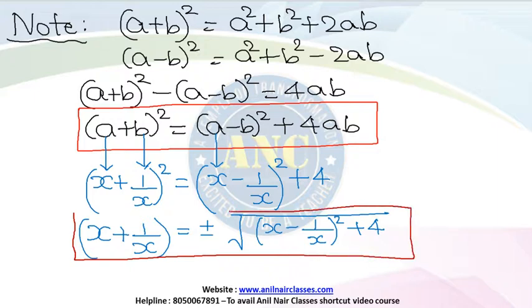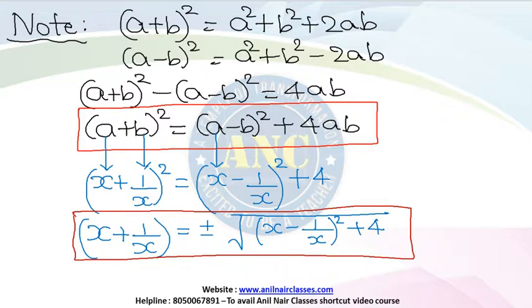But I will make it even simpler for you. Observe carefully, sir. We earlier knew that if x plus 1 by x is k, then x square plus 1 by x square will be k square minus 2.